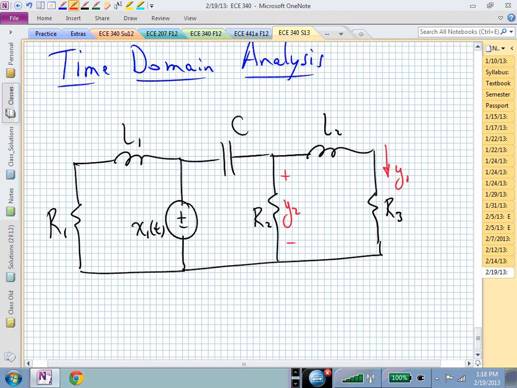And now we want to write the governing dynamics or the equations of motion. How are these dynamics connected for this particular circuit? What kind of equation should we be looking for?